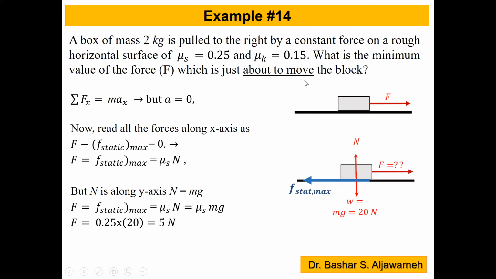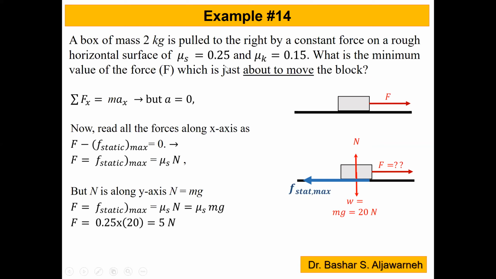Another example, a box of 2 kilograms is pulled to the right. That means the direction of the motion is to the right, by a constant force on a rough horizontal surface. A rough horizontal surface tells us there is a friction force, and mu s, mu k, both of them are given.